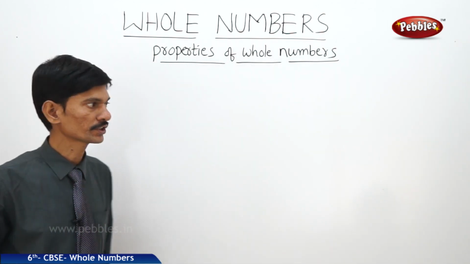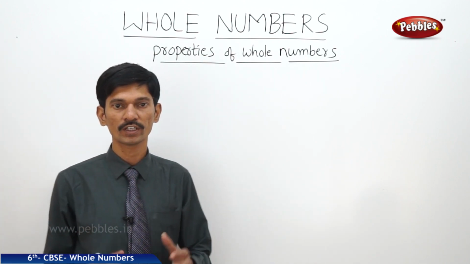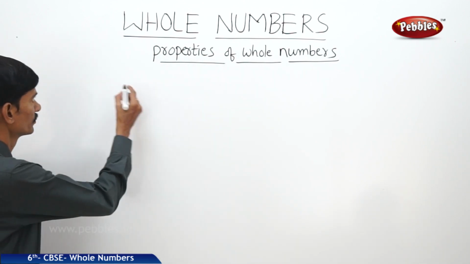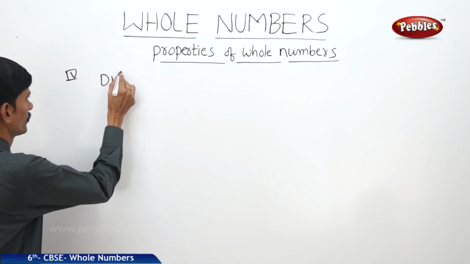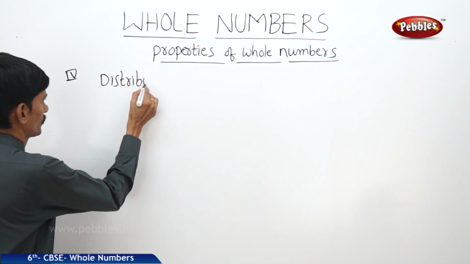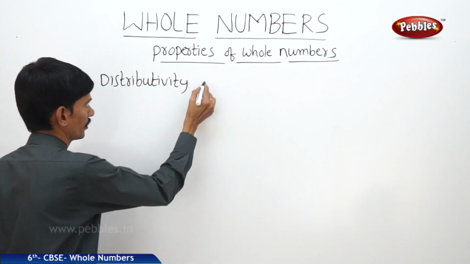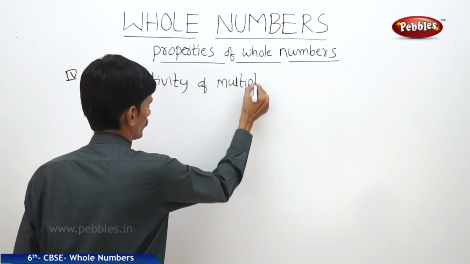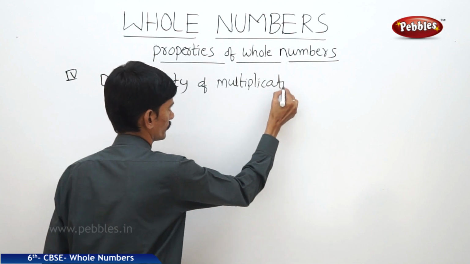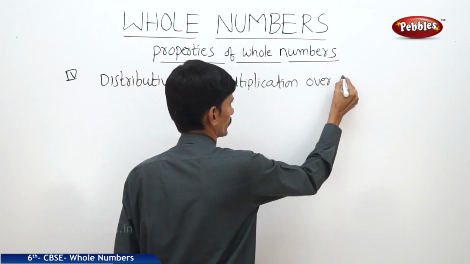Now let us learn the next property, that is distributivity of multiplication over addition.